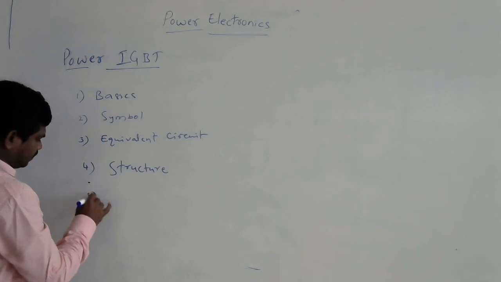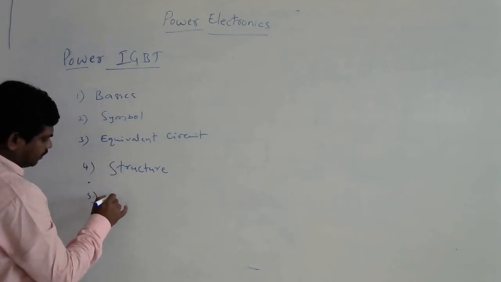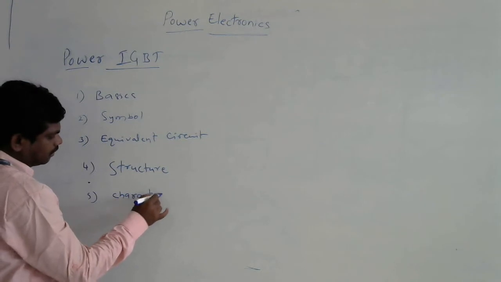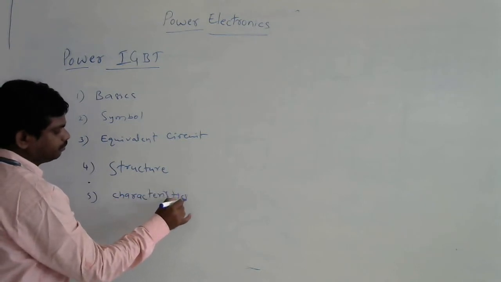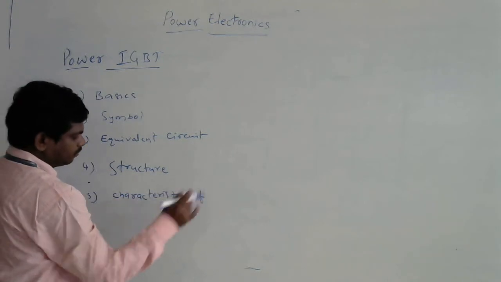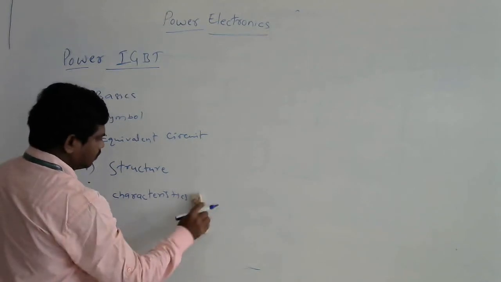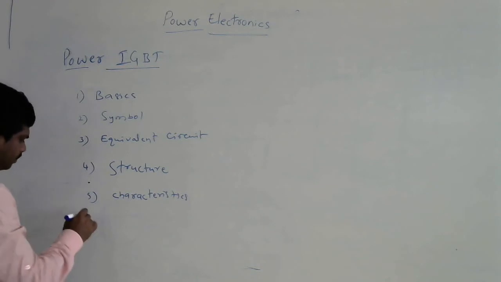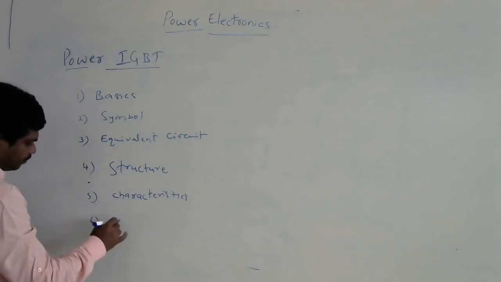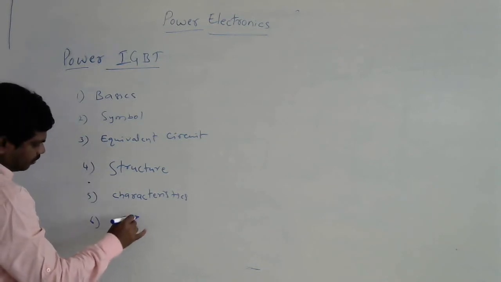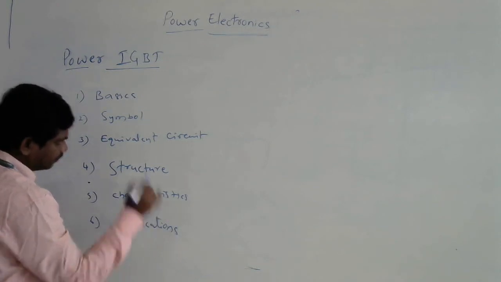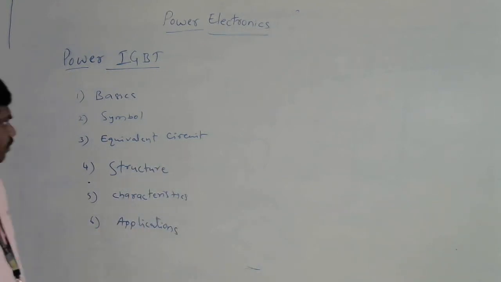Then fifth, we'll see characteristics of power IGBT. There are two types of characteristics for power IGBT. Lastly, we'll see a few applications of power IGBT. We'll see one by one.